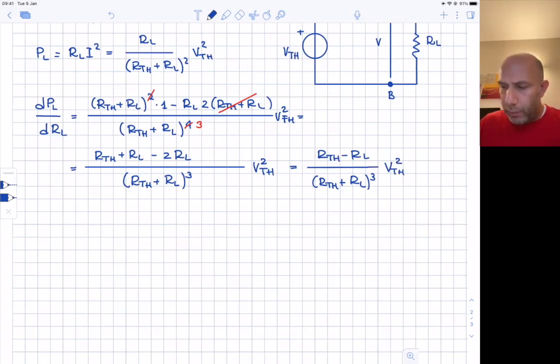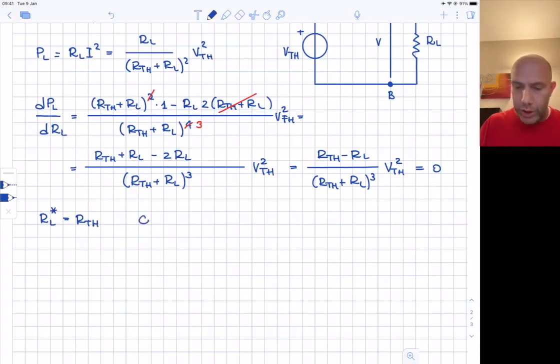So if we want to find the maximum of this derivative, we have to calculate the values of RL for which this term is 0. And we only have the solution that RL equals RTH. And we call this value RL star.